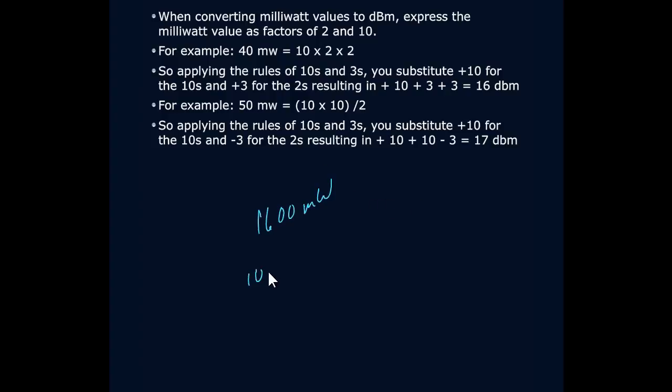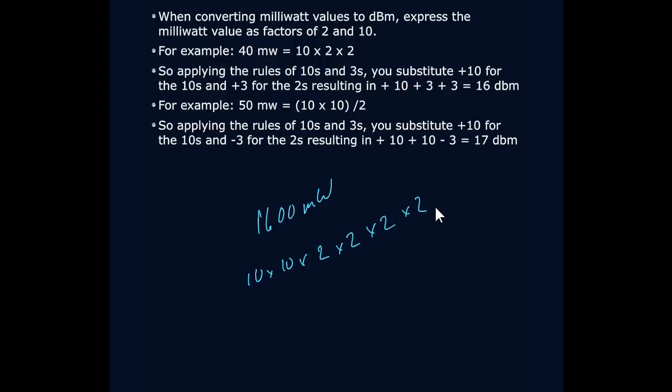Well, 10 times 10 times 10 is 1,000. Times 2 is 2,000. No, that's too big. Okay, break it down a little bit less than that then. 10 times 10 is 100. Times 2 is 200. Times 2 is 400. Times 2 is 800. Times 2 is 1,600. Hey, look at that. We found a value that works.